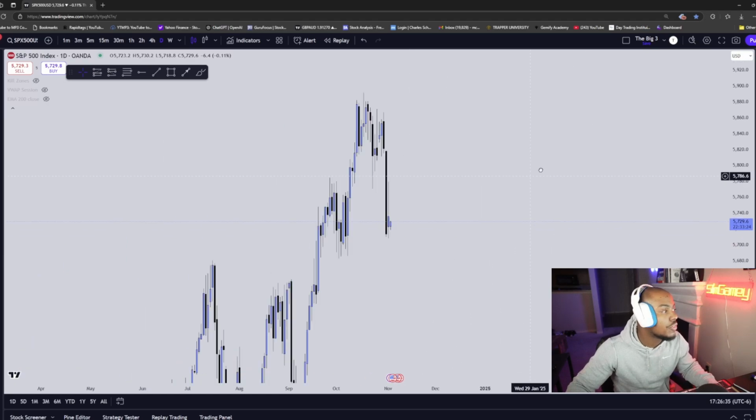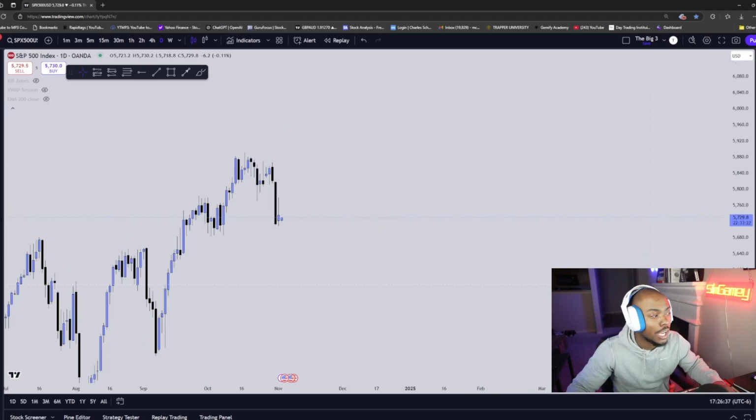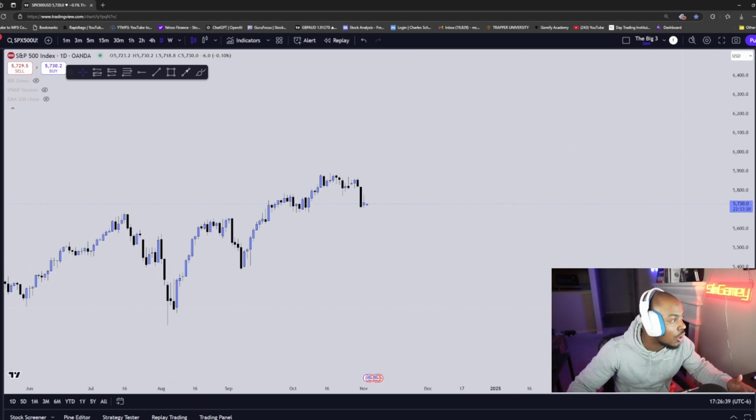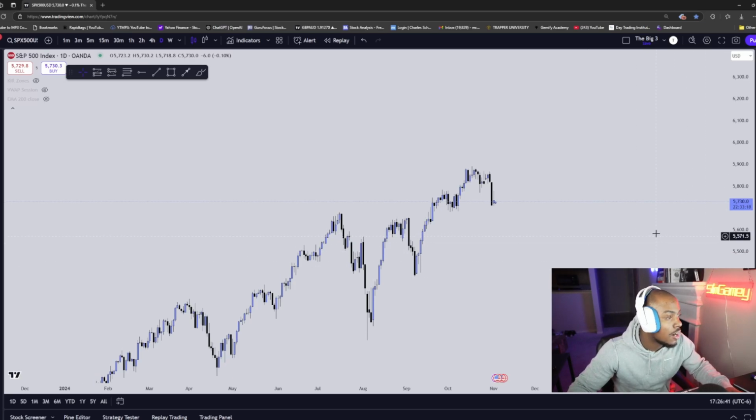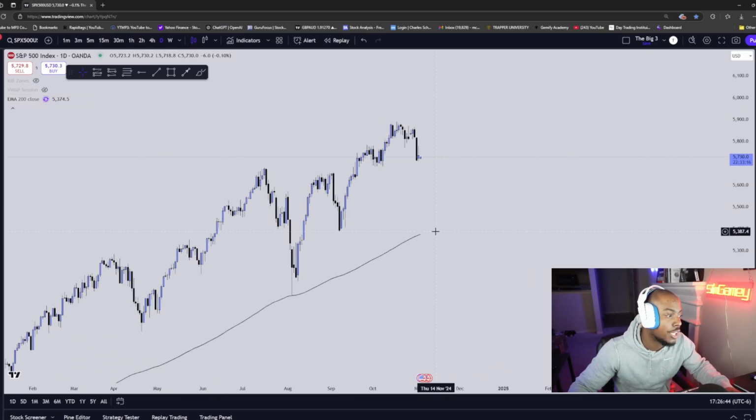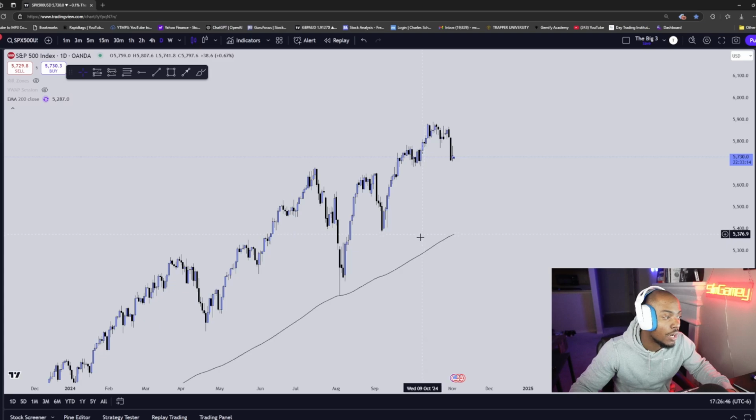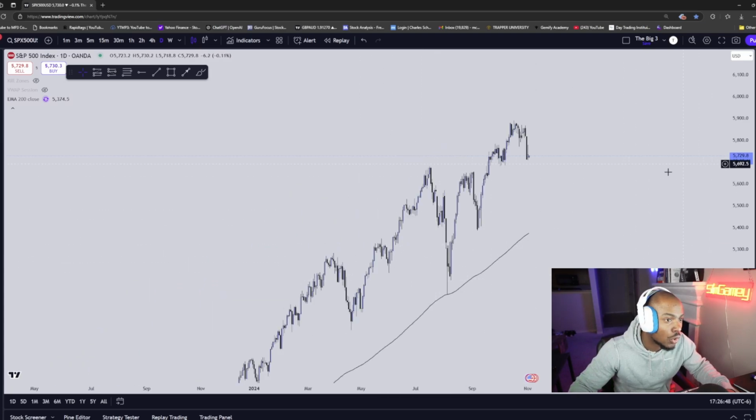All right, so moving on to the S&P 500, SPX, ES, whatever you want to call it, it's all the same. Like I said, we turn on that 200 EMA. We are highly above, so we are in a strong bullish market.